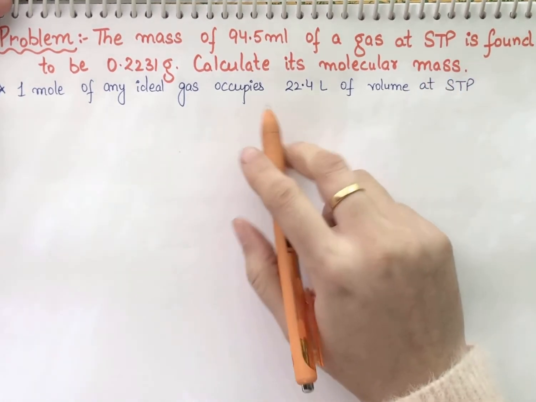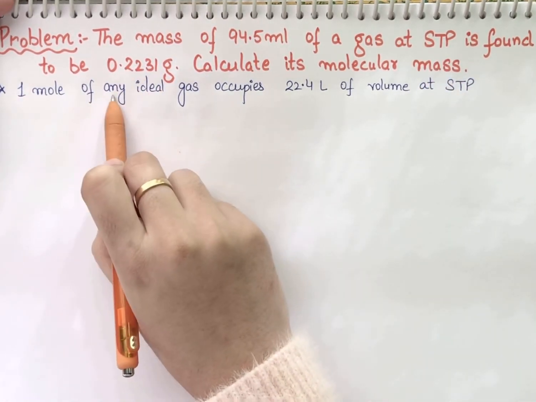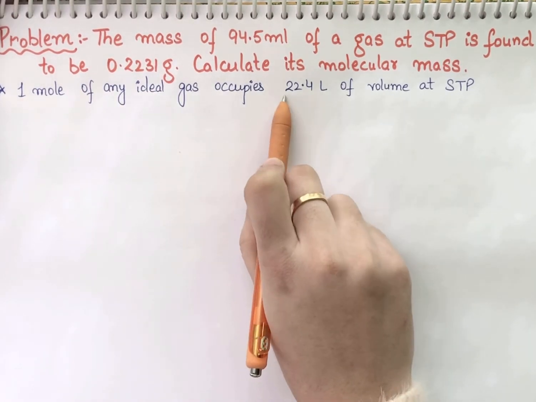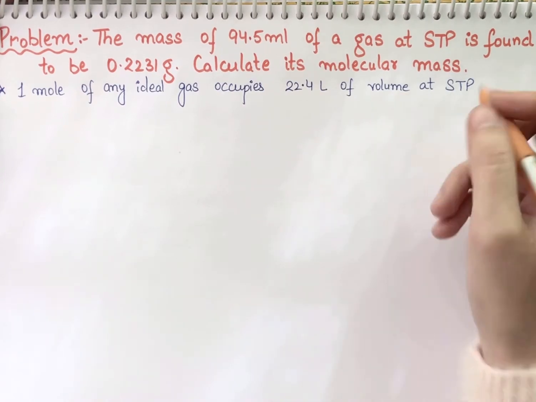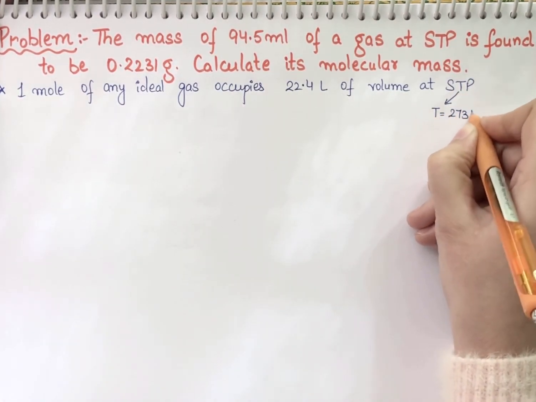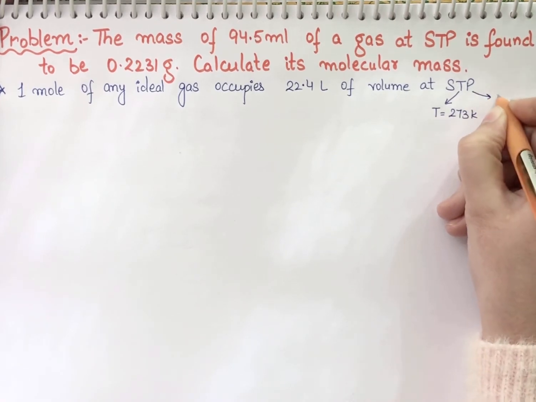Now what they are saying, if you are having any ideal gas that is present in 1 mole, it will occupy 22.4 liter of volume at STP. STP means you are having temperature 273 Kelvin and pressure 1 atmosphere, right?